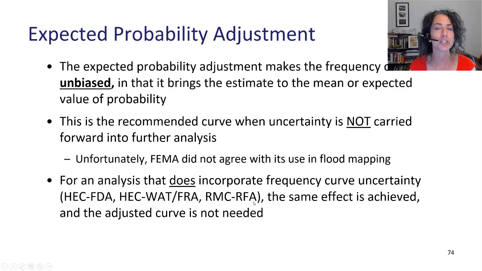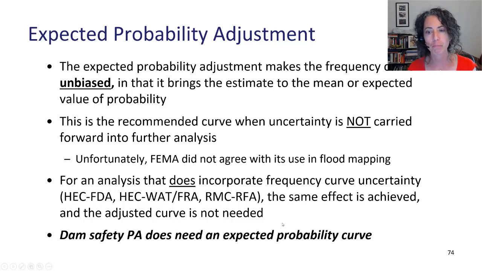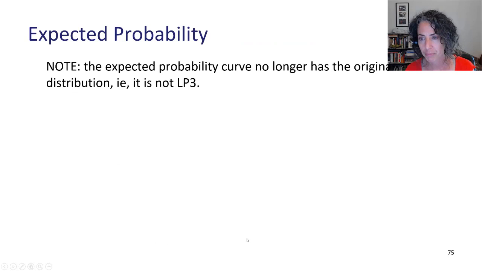All of those use the uncertainty around the frequency curve in the analysis, and since they're using that skewed distribution of uncertainty, the effect of moving from the median to the mean is already present. So for those uses, we don't use the expected probability curve. However, a dam safety PA does need to use the expected probability curve.